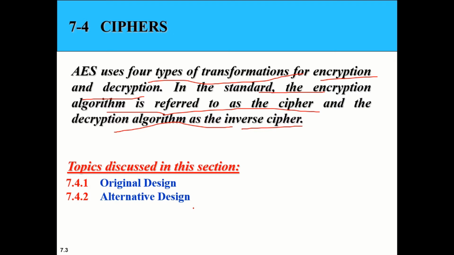Right. So as a whole, we'll be looking at the AES design. Two designs we'll be discussing in this section. One is the original design, which we have discussed in the previous 2-3 lectures, and we will also talk about the alternative design which we can adopt to implement AES, right?